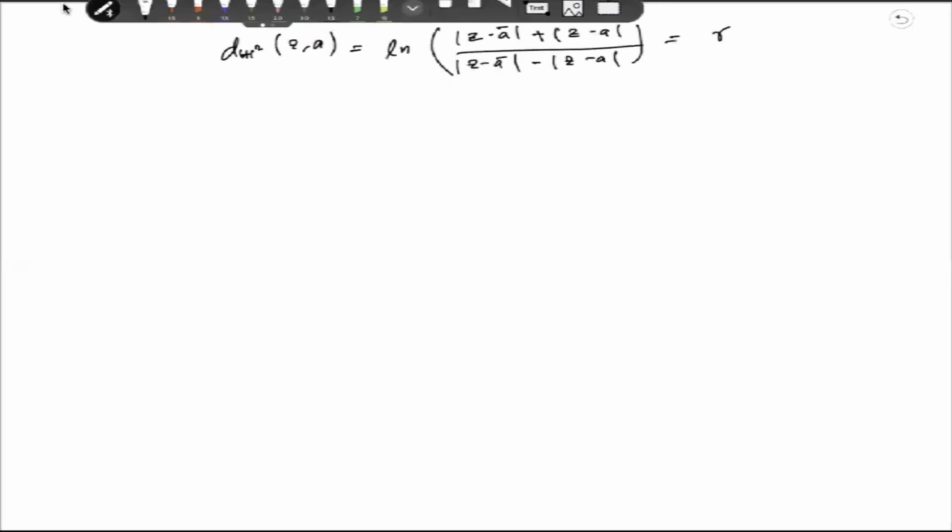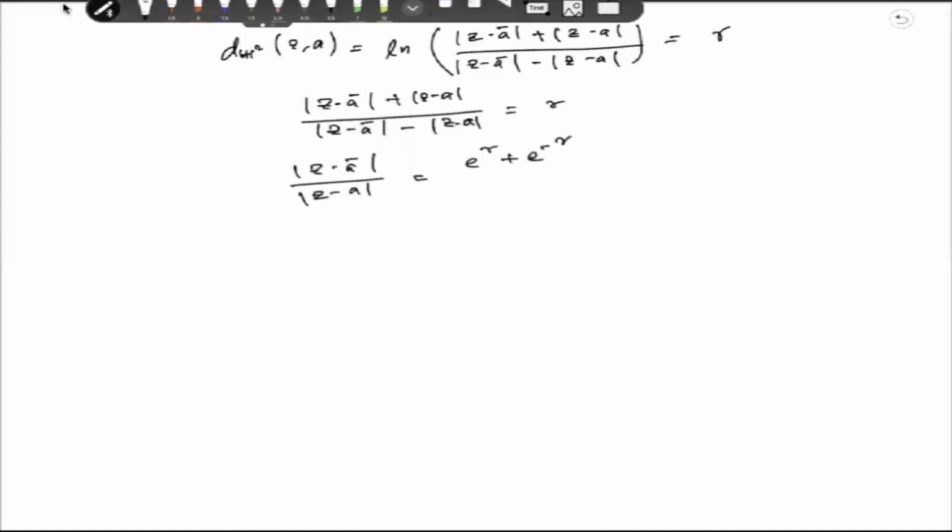Therefore we have (|z minus a bar| plus |z minus a|) divided by (|z minus a bar| minus |z minus a|) equal to e to the power r. And therefore |z minus a bar| divided by |z minus a| is equal to (e^r plus e^(-r)) divided by (e^r minus e^(-r)).